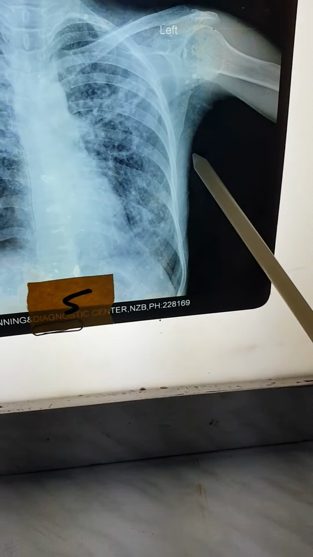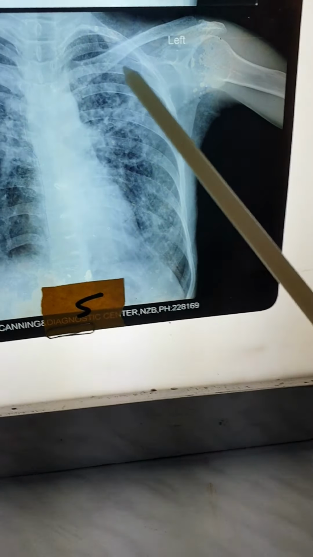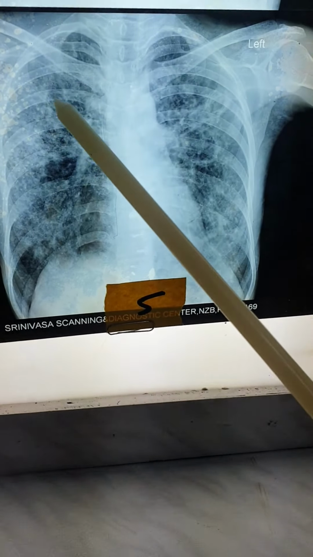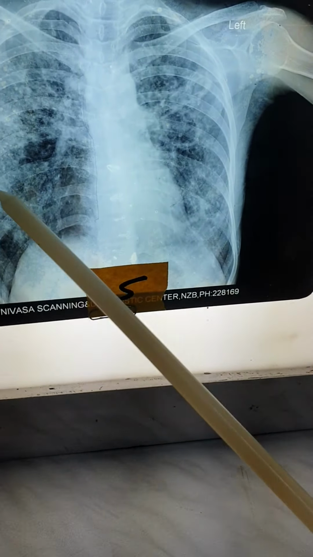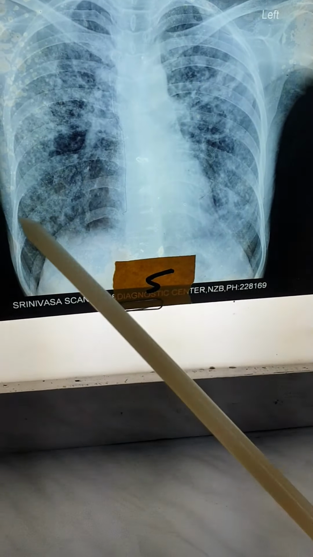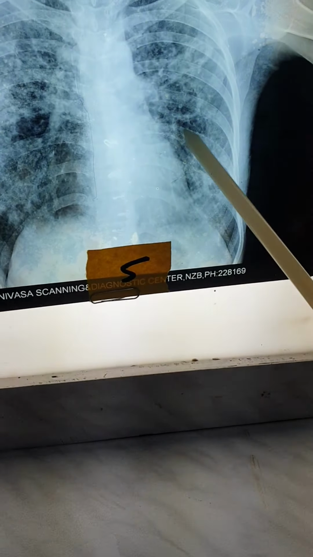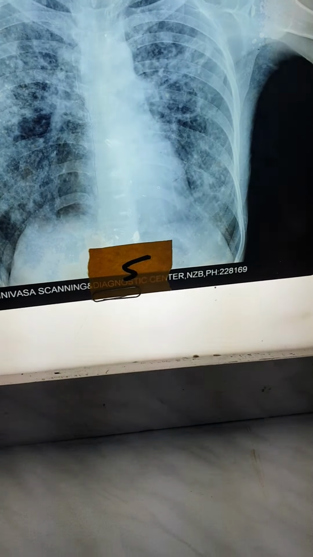Upper zone, mid zone, lower zone, infiltrative lesions are there. Also on the right side, upper zone, mid zone, lower zone, infiltrative ill-defined lesions, opacities are there. A nice cavity you can see here, in the left mid zone.